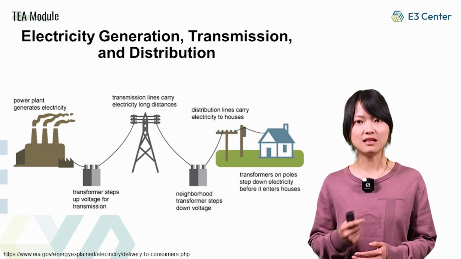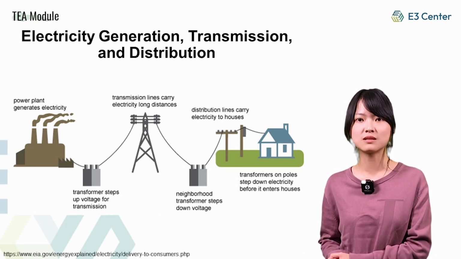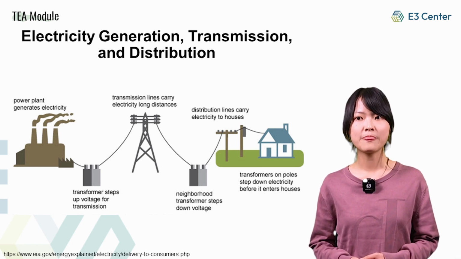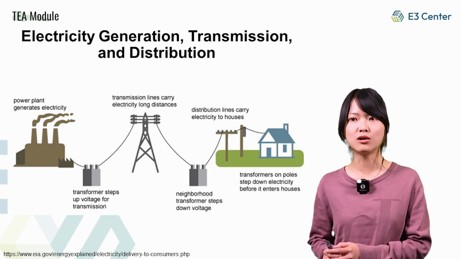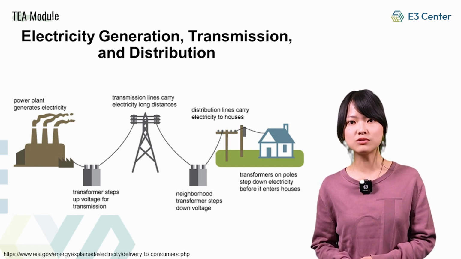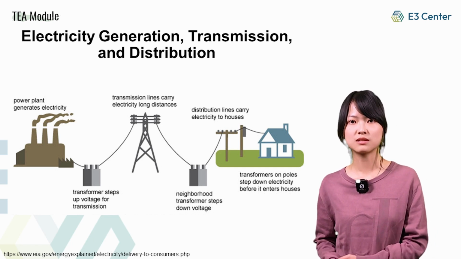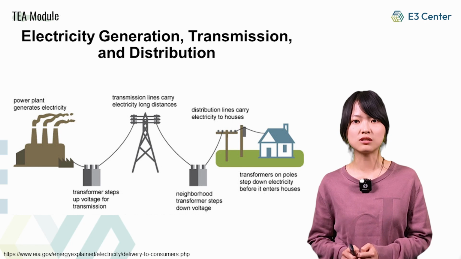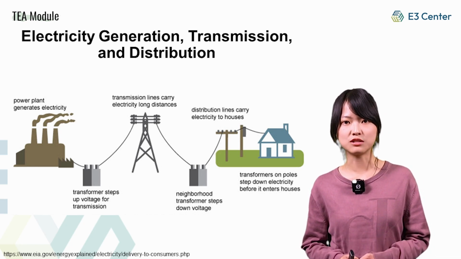From here, the electricity must travel long distances to reach the consumers, which is where the transmission system comes into play. High voltage transmission lines carry the electricity over long distances, including across states and regions, to minimize energy loss. At various substations along these transmission lines, transformers step up or down the voltage.